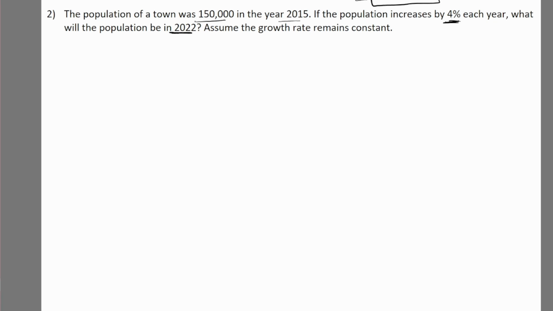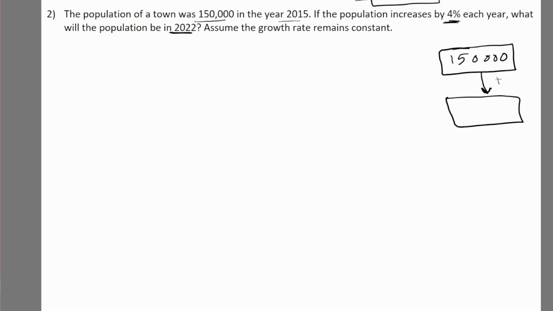So if let's say right now your population is 150,000, in the next year you're supposed to increase by 4%. All right, 4% of the 150,000.